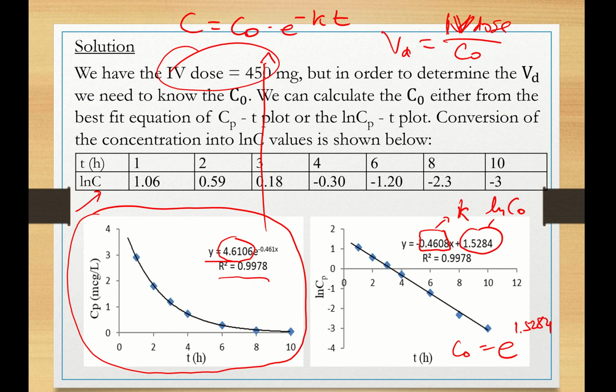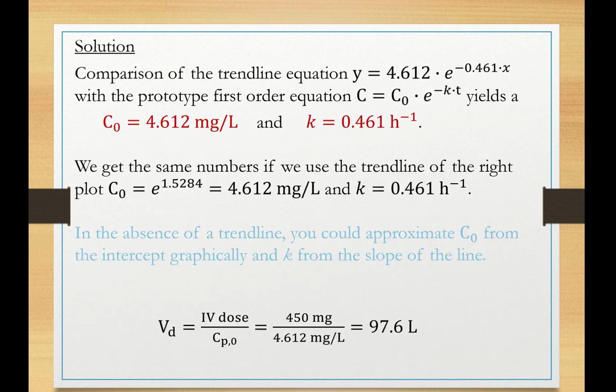But at this point, we can only determine it using C0 and IV dose. So this is what we have done here. C0 is 4.612 milligrams per liter, or if you use the best fit equation, same number, and K is 0.461 per hour.